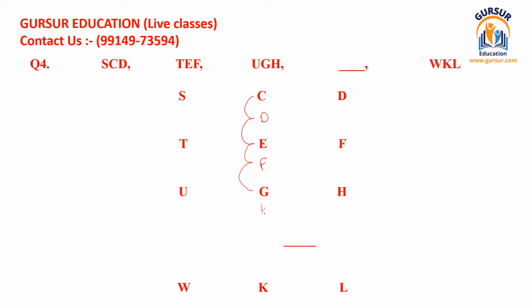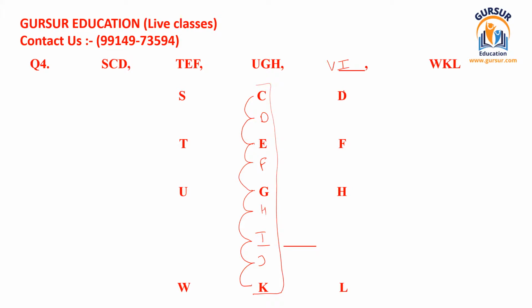After G, H comes, and after H, I comes. That means I should be the second element. After I, J comes, and after J, K comes. So this is the best possible combination of second elements among all the given combinations.